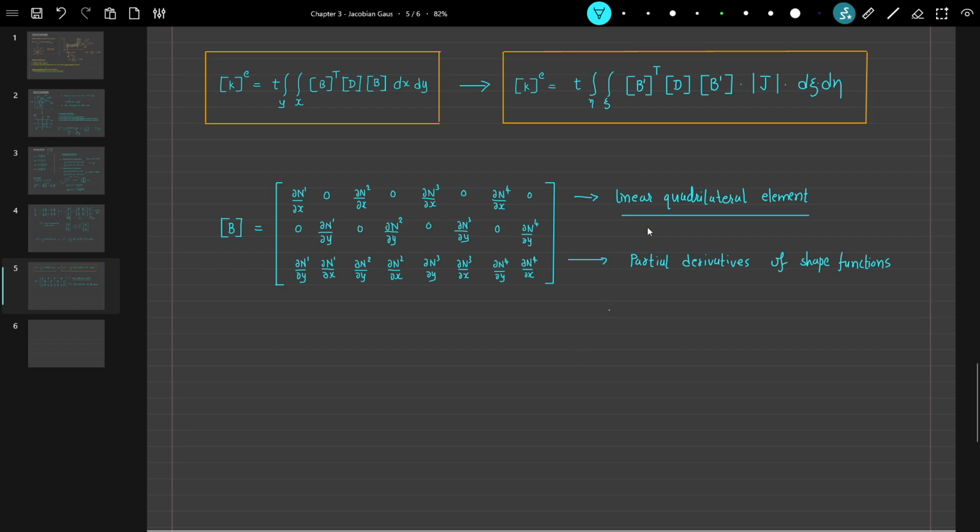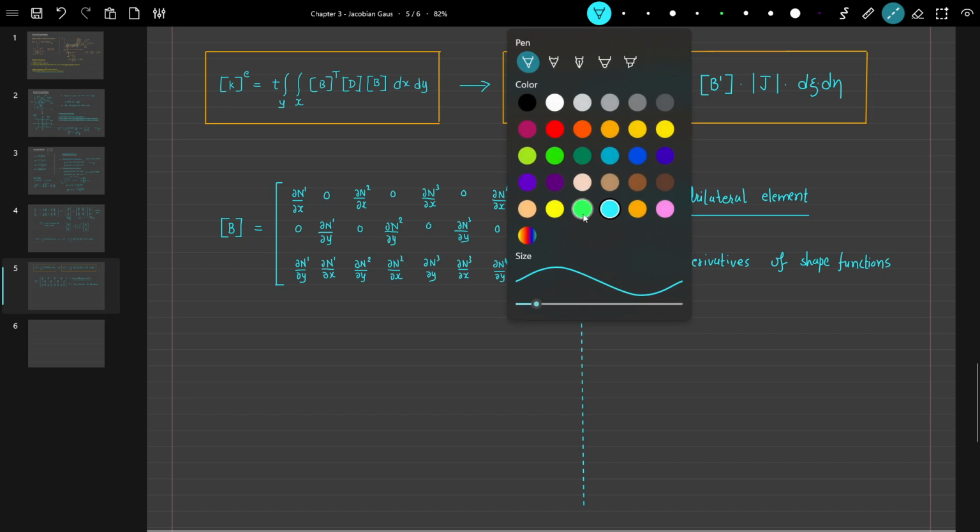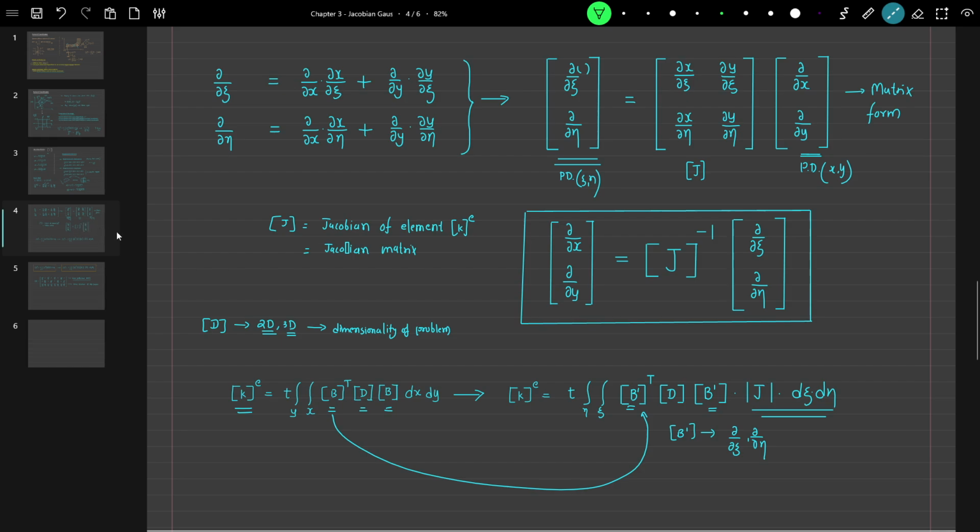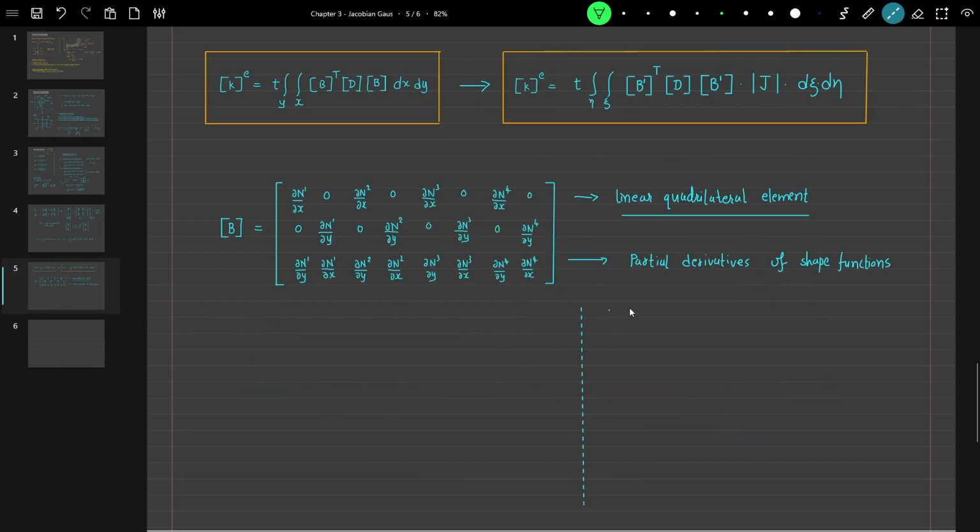But let's try to understand what exactly this is. dx dy is equal to the determinant of the Jacobian matrix times dζ dη.